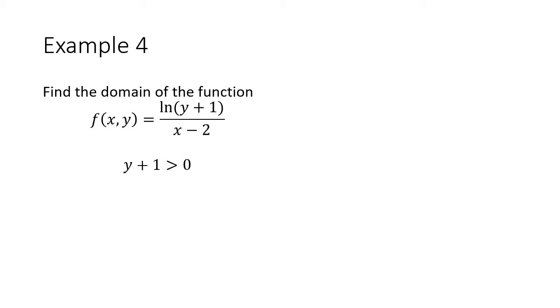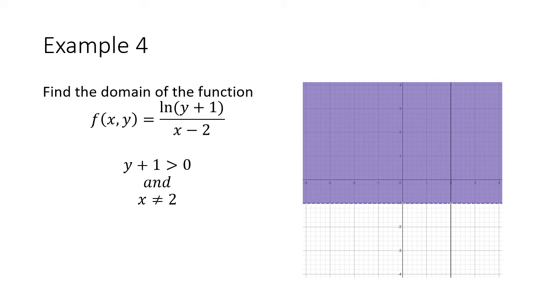And then, well, I also have a rational function. And I know that the denominator cannot be 0. So x minus 2 cannot be 0, which is a very easy one to solve. And we have the fact that x cannot be 2. And again, we can graph that ourselves. We see that y has got to be strictly greater than negative 1, which is this one.